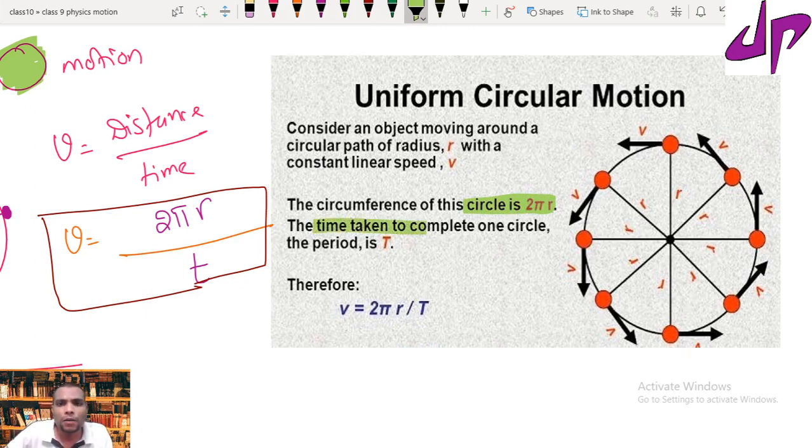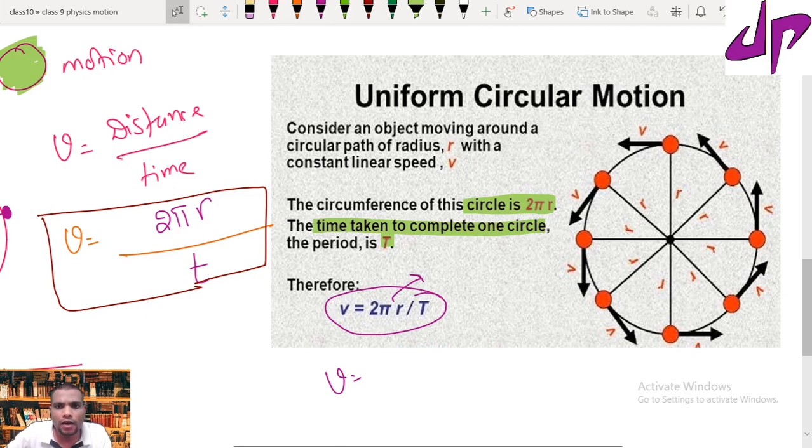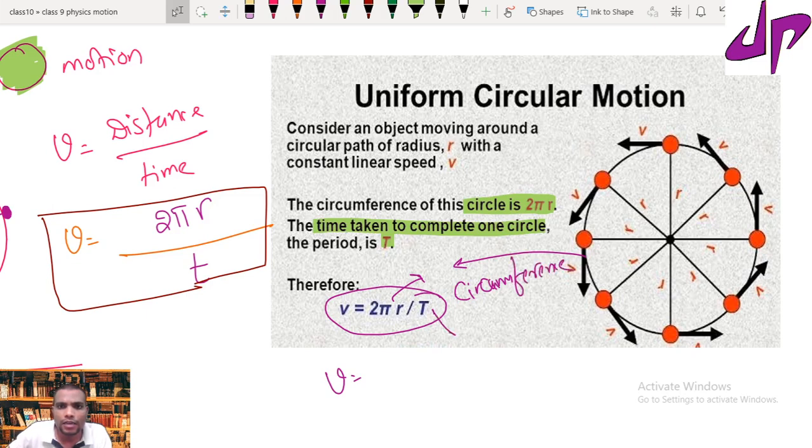And the time taken to complete one circle, meaning for one round how much time it takes, we have taken as t. Therefore we can write velocity v equals 2 pi r upon t, where 2 pi r equals the circle's circumference, and t is the time taken.